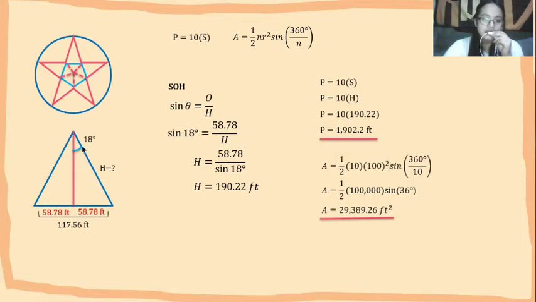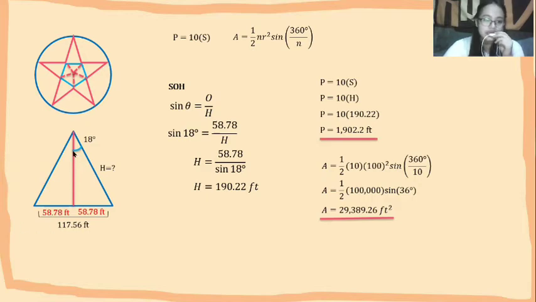The angle is 18 degrees, because 72 degrees divided by 2 is equal to 36. So every angle here is equal to 36 degrees.